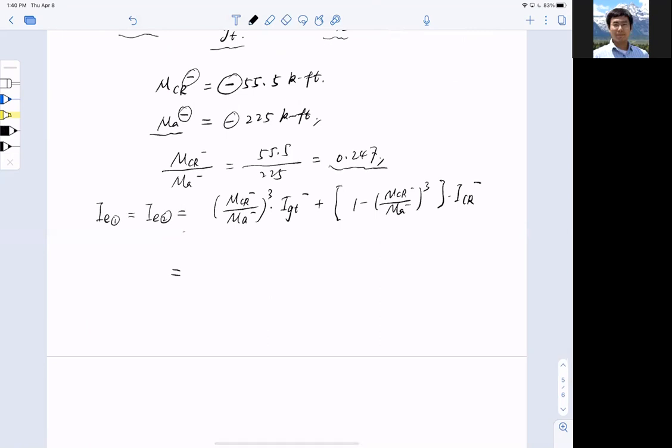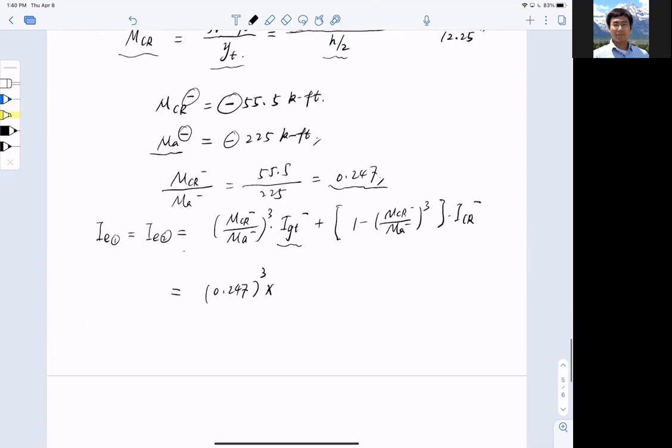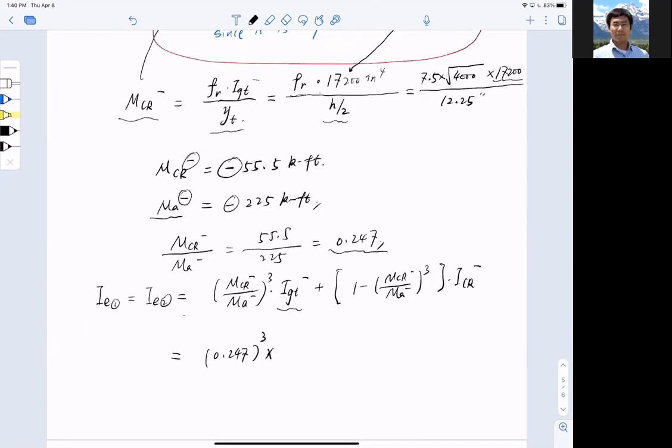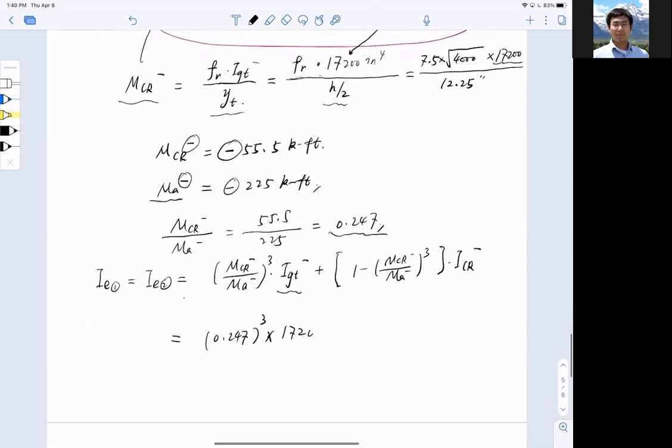Let me bring the number here, 0.247, to the power of 3, and multiply by IGT here, and be careful. IGT is this one here, 17200 inch to the power of 4, plus bracket inside 1 minus 0.247 cubed, outside ICR. What is ICR cracking?